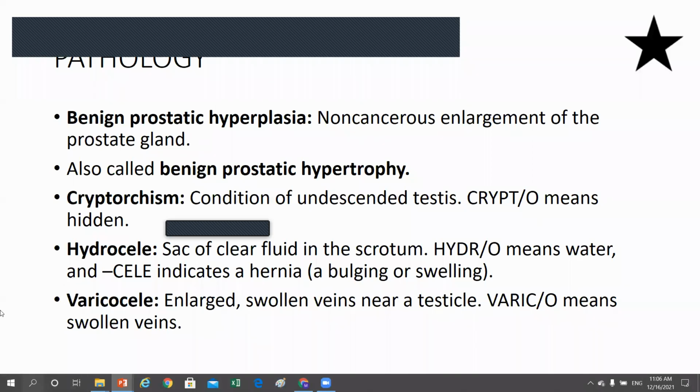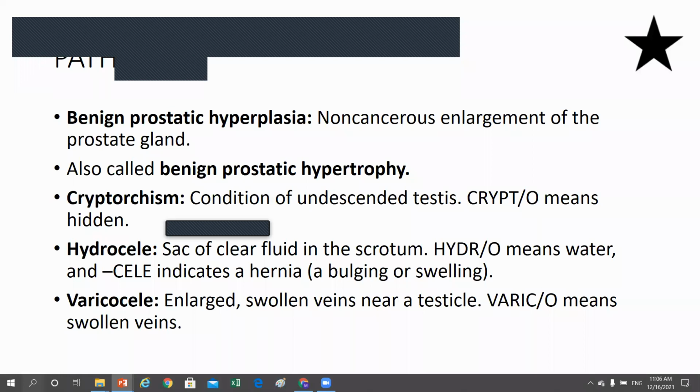Now going further, more information, because this enlargement of the prostate gland is a very notorious problem. This is the same non-cancerous enlargement of the prostate gland. We call it benign prostatic hyperplasia, or BPH, also stands for benign prostatic hypertrophy.